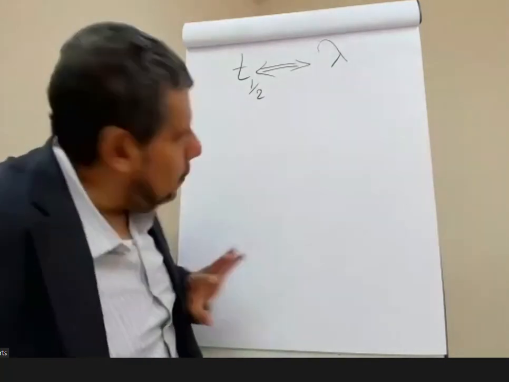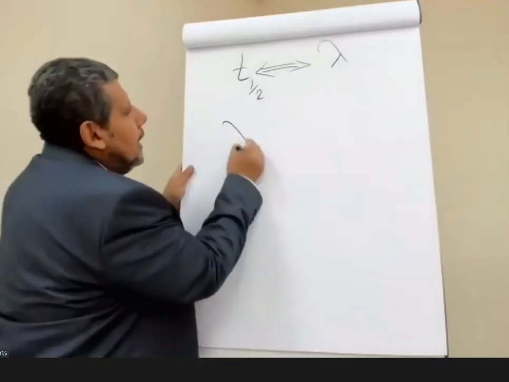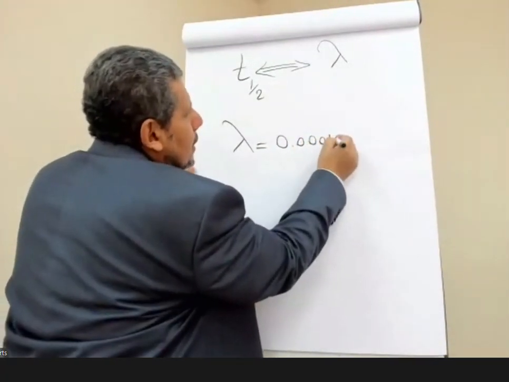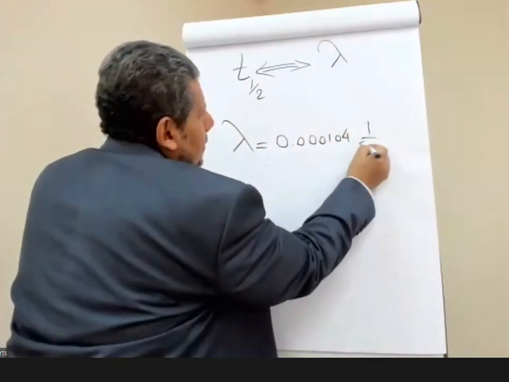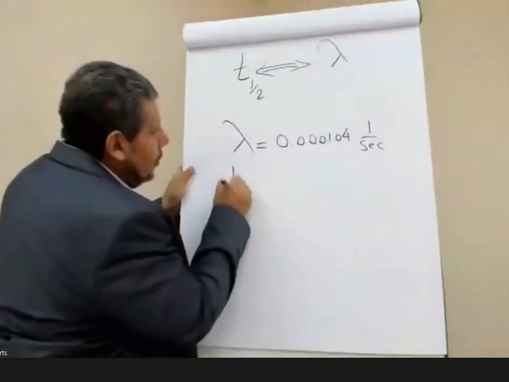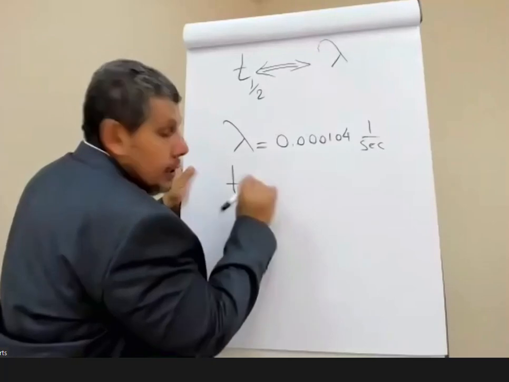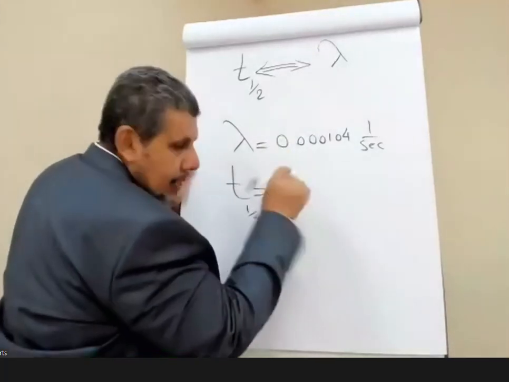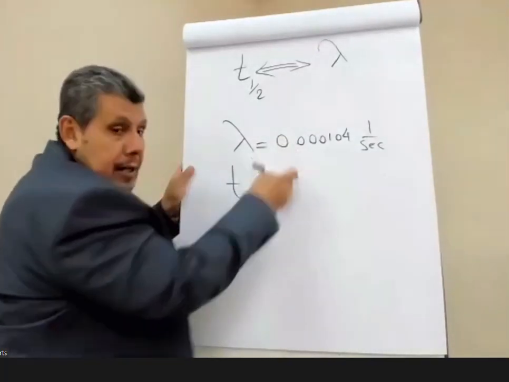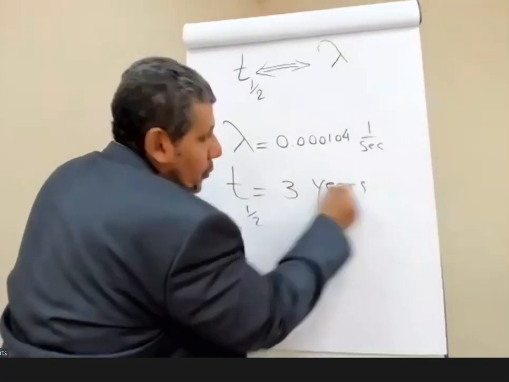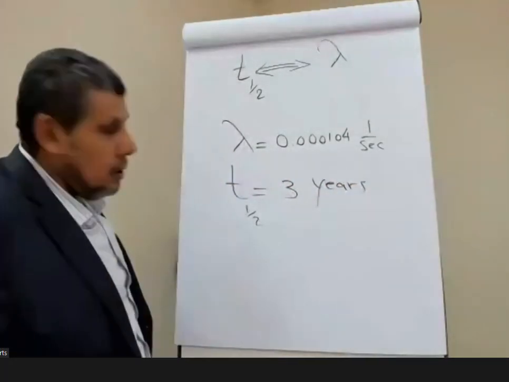Assume I tell you the decay constant, assume 0.00104, 1 over second. And I tell you T half of the same source, assume 3 years. This number is not right, but assume 3 years.